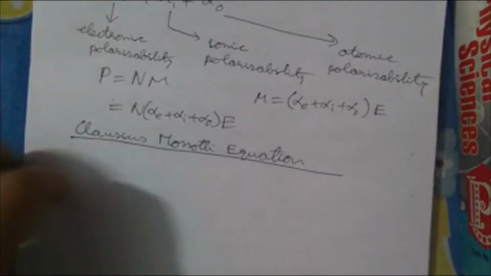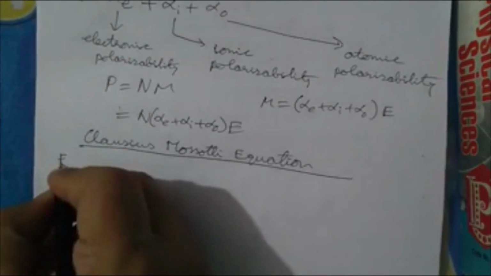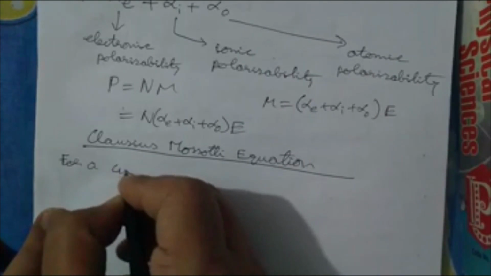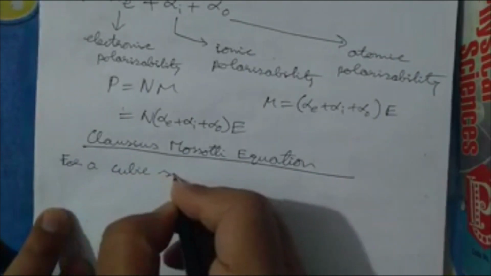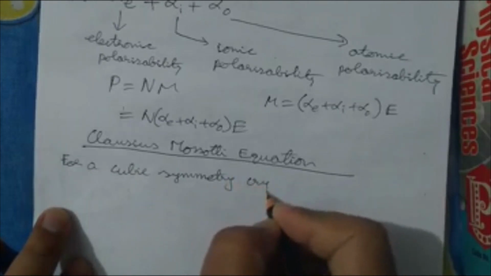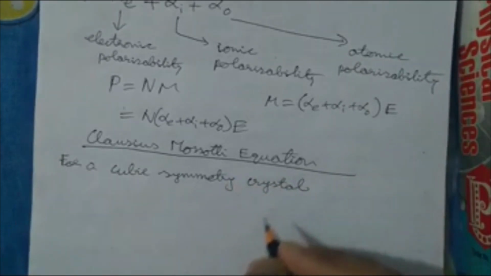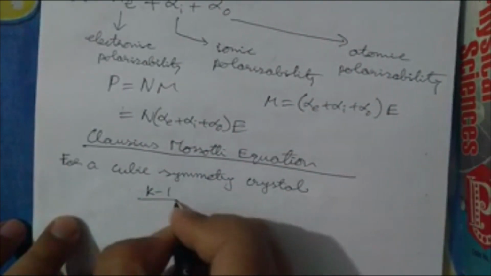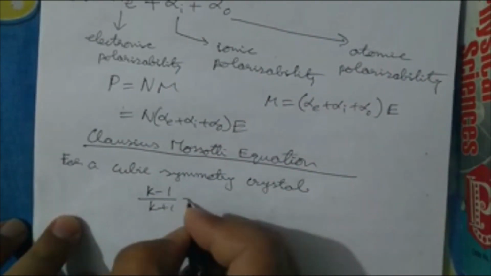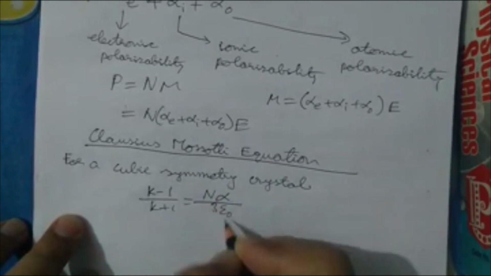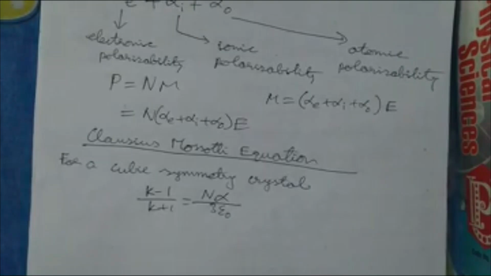So for a cubic symmetry crystal, k minus 1 by k plus 1 is equal to n into alpha by 3 epsilon naught. This is the Clausius-Mossotti equation.